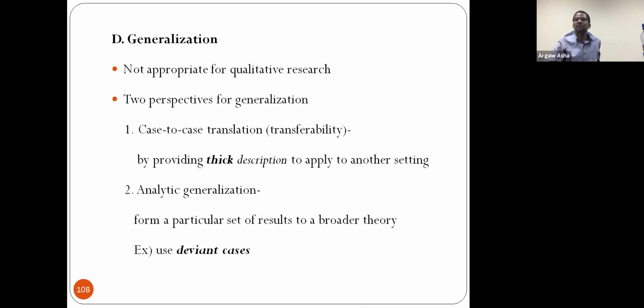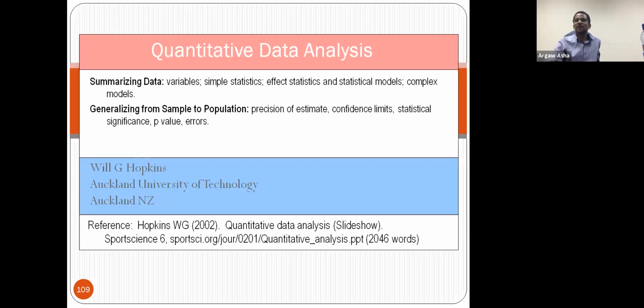In general, you can check case-to-case translations, or you can use some relevant cases. That means from the particular set of results to the broader theories. The theory should be the broader concept to check.